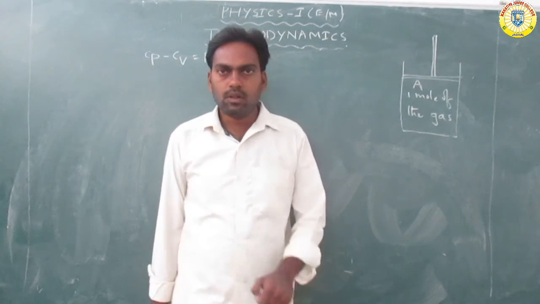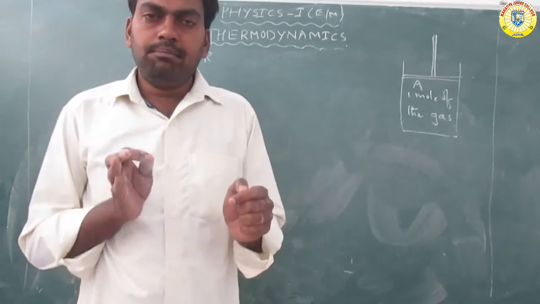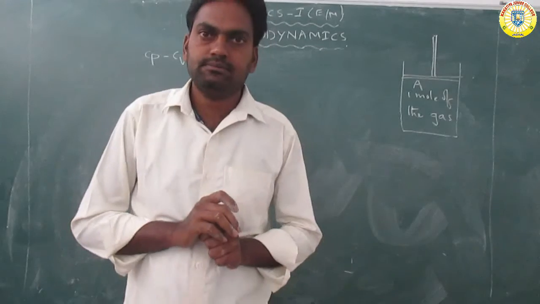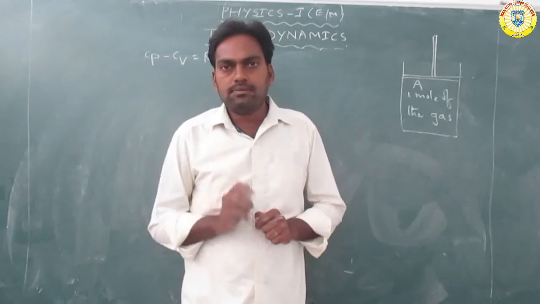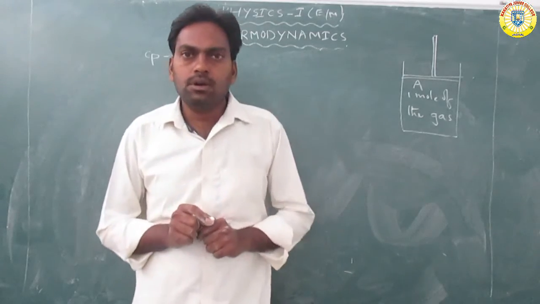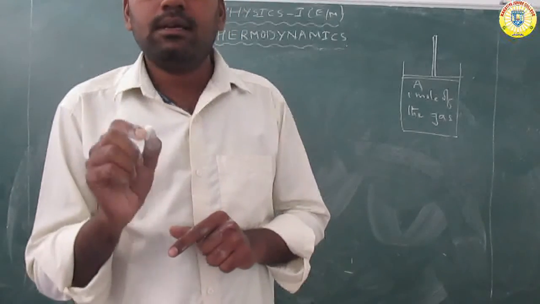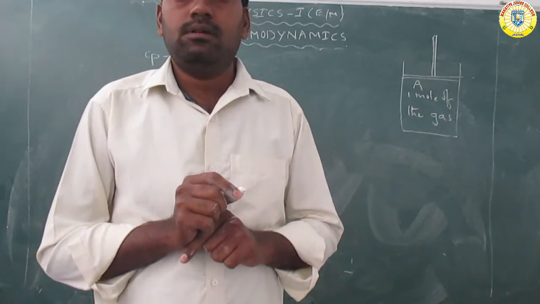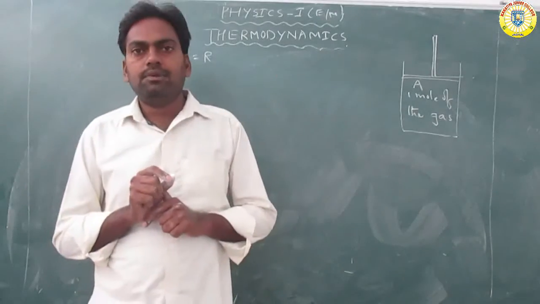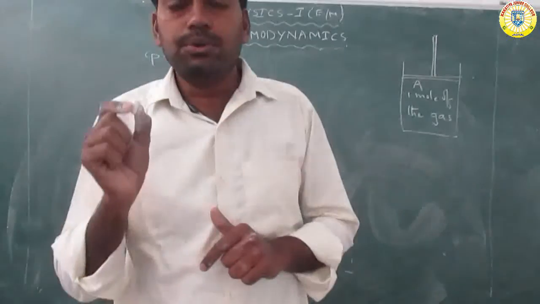Now we have to prove Cp minus Cv is equal to R. First, Cv is the molar specific heat capacity at constant volume.